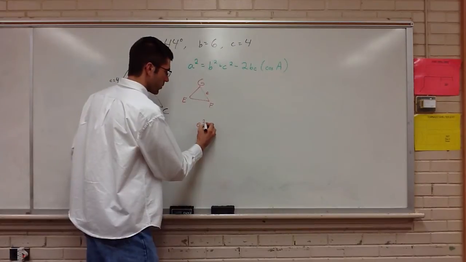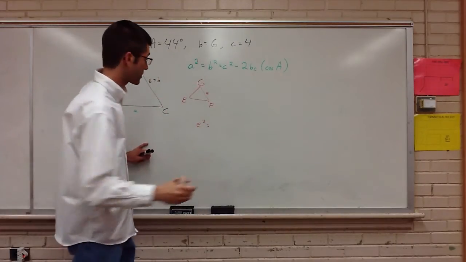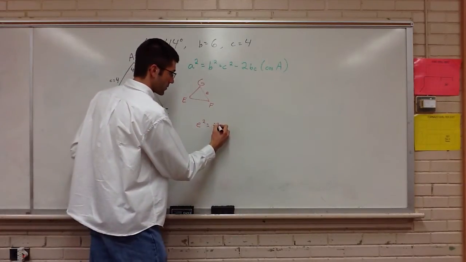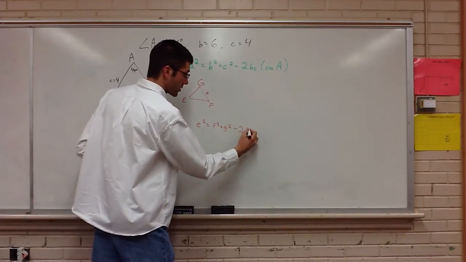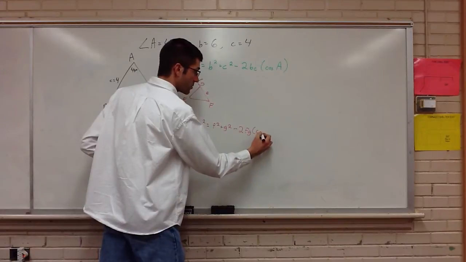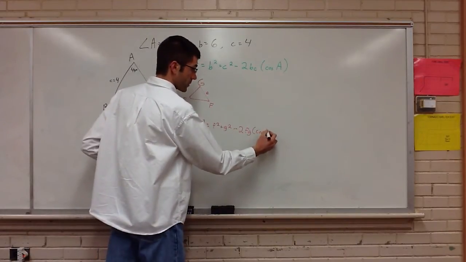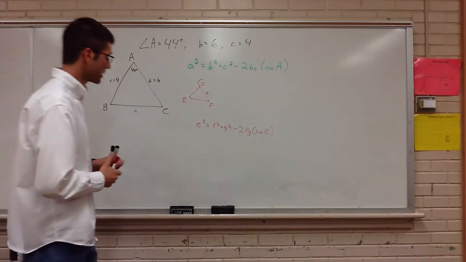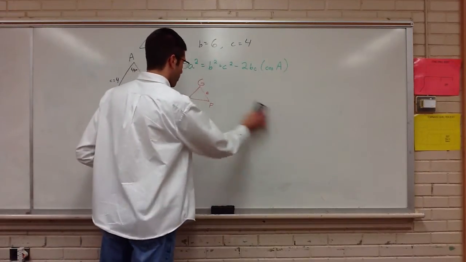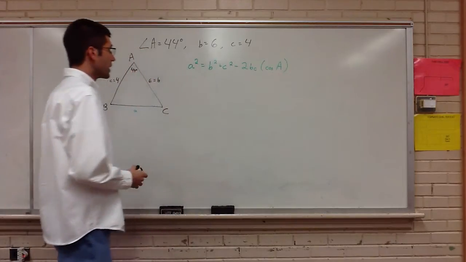Little e squared equals the other two lowercase letters, minus 2 times those lowercase letters again times the cosine of the big letter, big E. Same idea. Perfectly same thing. So let's erase this. Just wanted to prove a point about the structure of the formula.